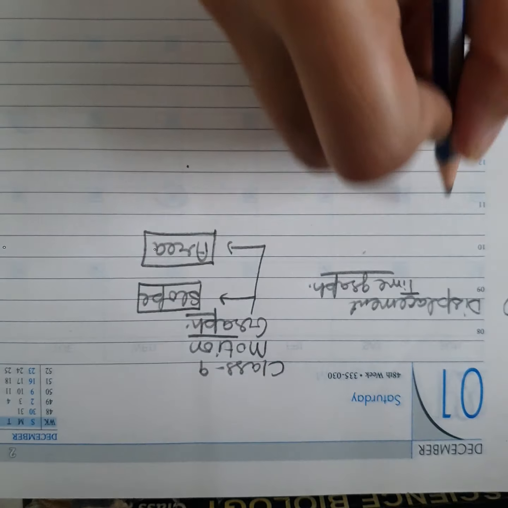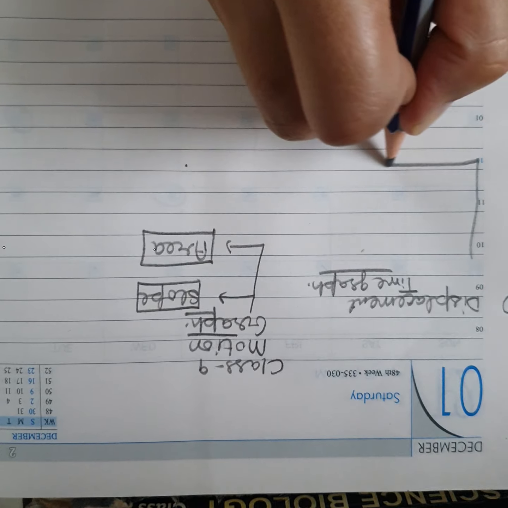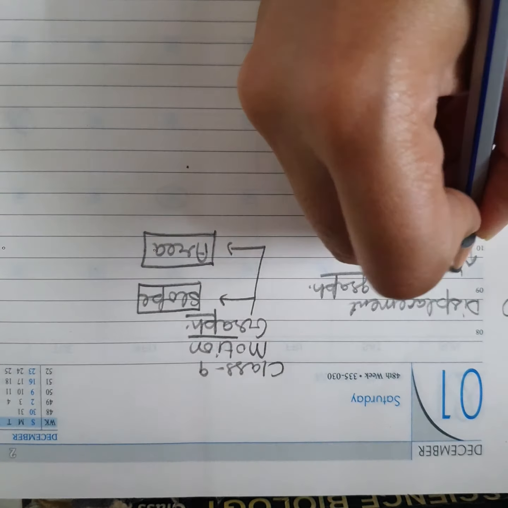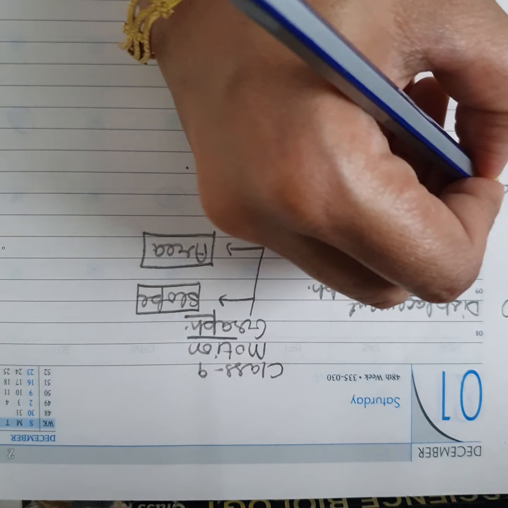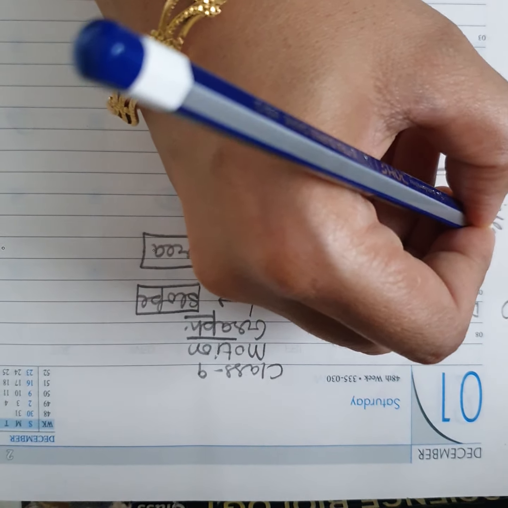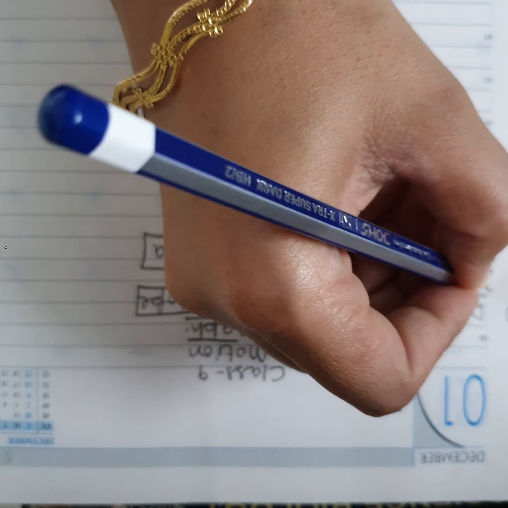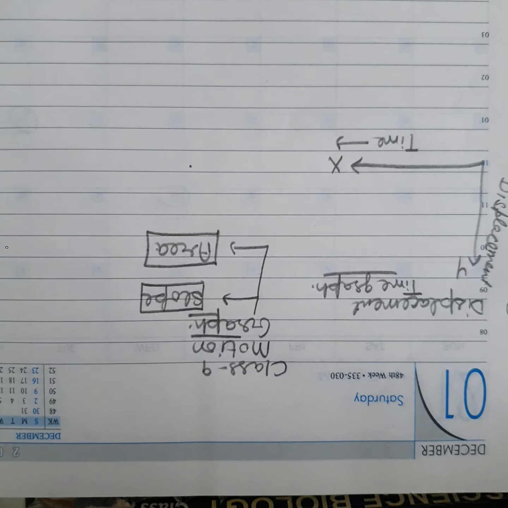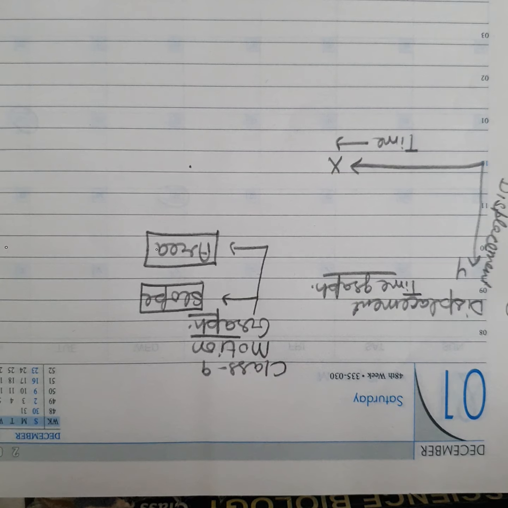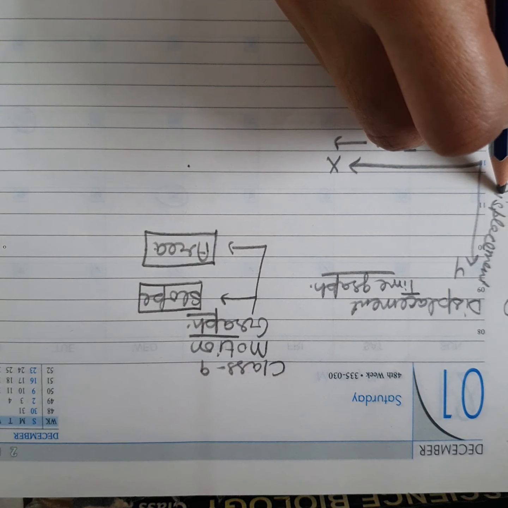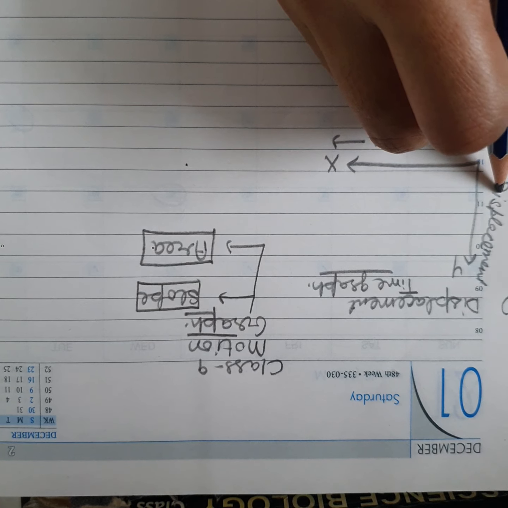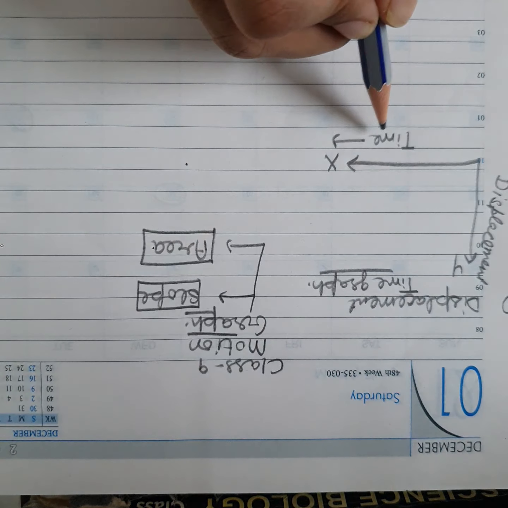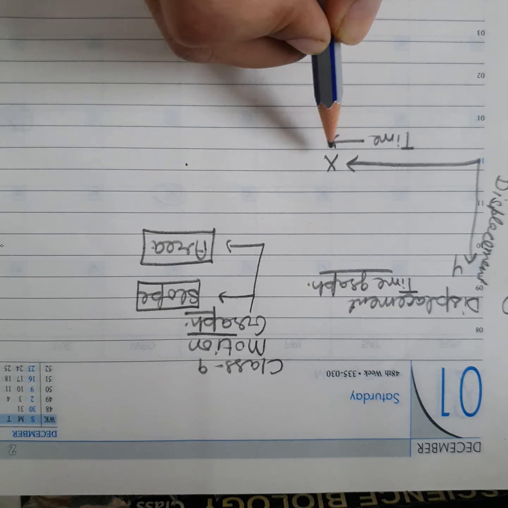In this graph, if this is your y-axis and this is your x-axis, then displacement is always at the y-axis and time is always at the x-axis. This is a fixed thing which you must always keep in mind.